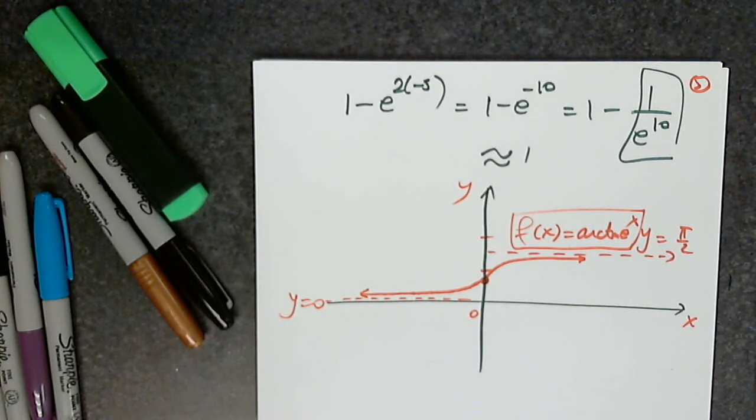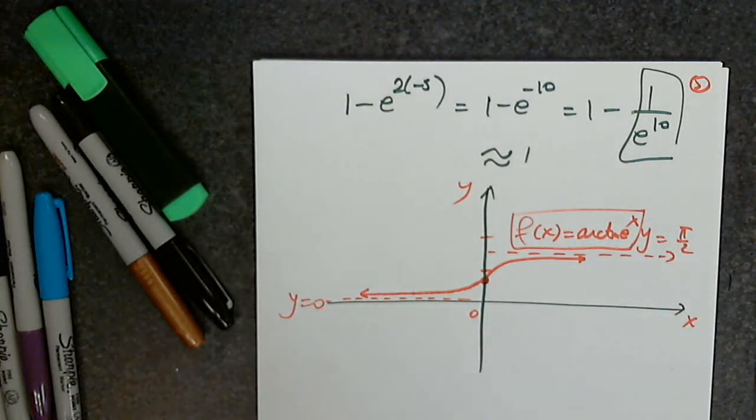Here comes the graph, crossing at 0.785, approaching y equals pi over 2. Here's the horizontal asymptote at negative infinity only. Here's the horizontal asymptote at positive infinity only. So opening upward, inflection point, opening downward. Always increasing. Very good example, wonderful.